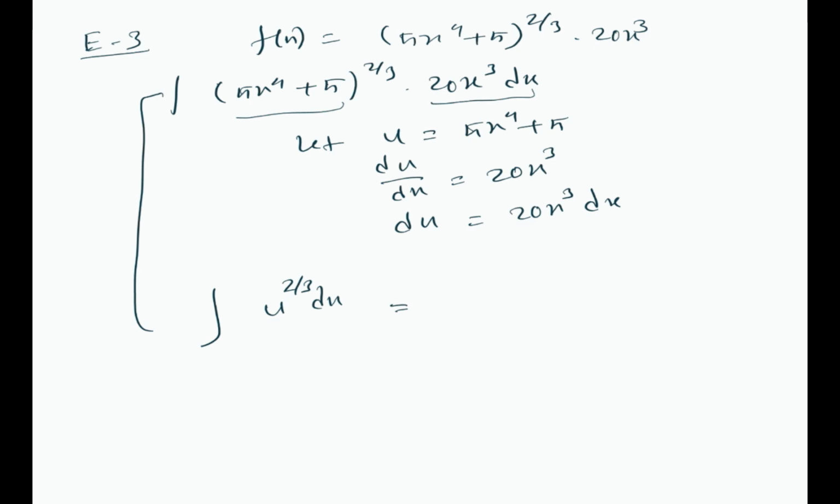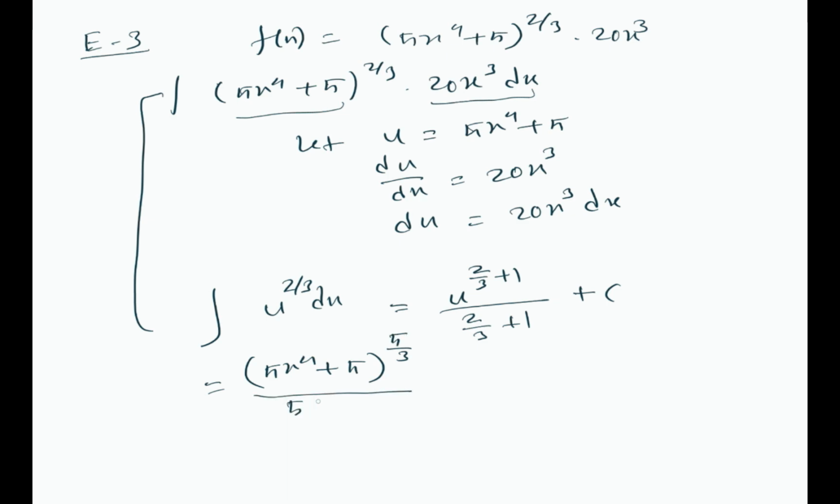Okay, so we can apply our power rule of integration to integrate this. So u to the power 2 over 3 plus 1 divided by 2 over 3 plus 1, plus c. So now we can substitute the value of u, (5x^4 + 5) to the power 5 over 3, since 2 plus 3 is equal to 5, divided by 5 over 3, plus c.